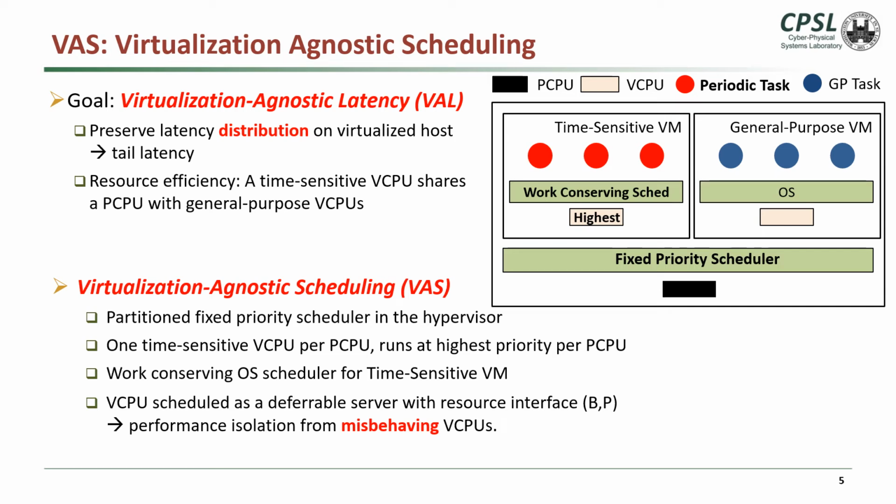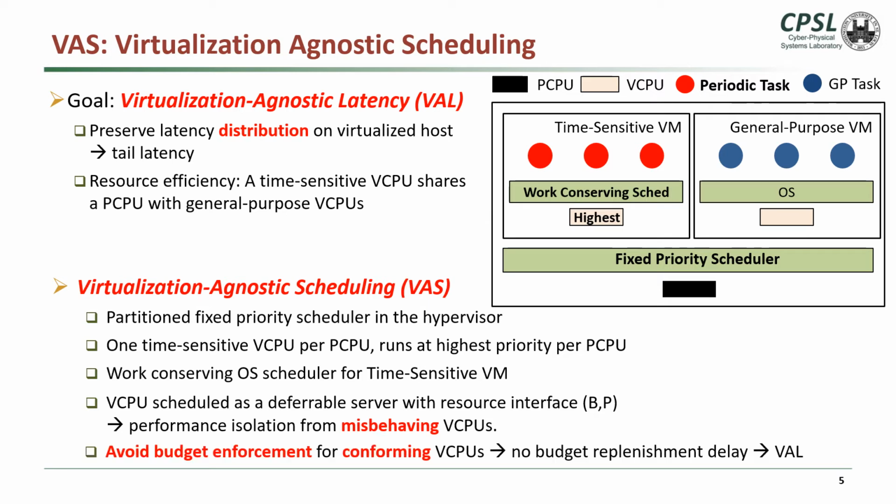Since the general-purpose virtual machine also wants to get some resources to run, they don't want to be starved by some misbehaved vCPUs. That's where you need to state a certain bandwidth or certain parameters for the resource interface of the vCPU, to do performance isolation.